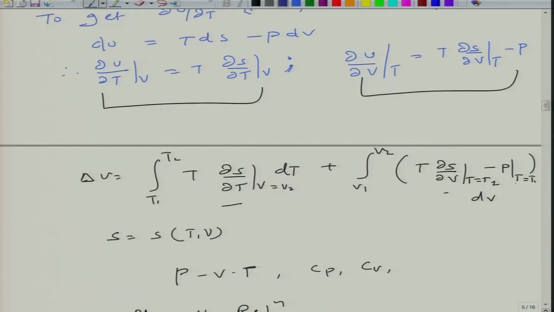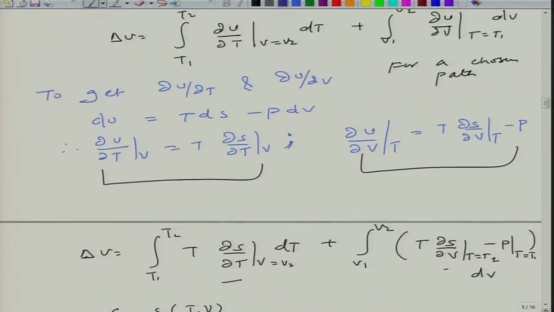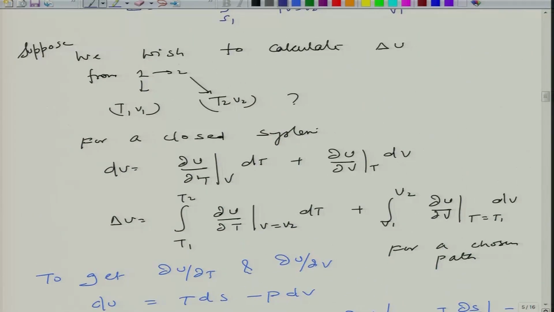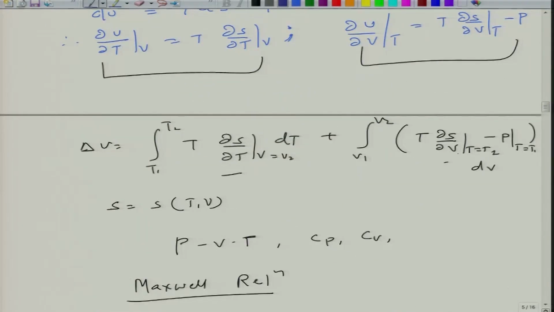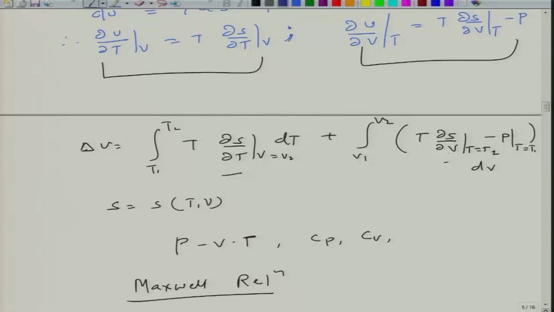Earlier we wanted to obtain delta U going from the state point T1, V1 to T2, V2, and we considered U as a function of T and V. We did this exercise and ended up with an expression where we were stuck with the partial derivative of S with respect to T and the partial derivative of S with respect to V. We must come up with an expression where we can change these partial derivatives to something related to PVT and other properties which we can calculate from experiments, and that is where the Maxwell relations come in.